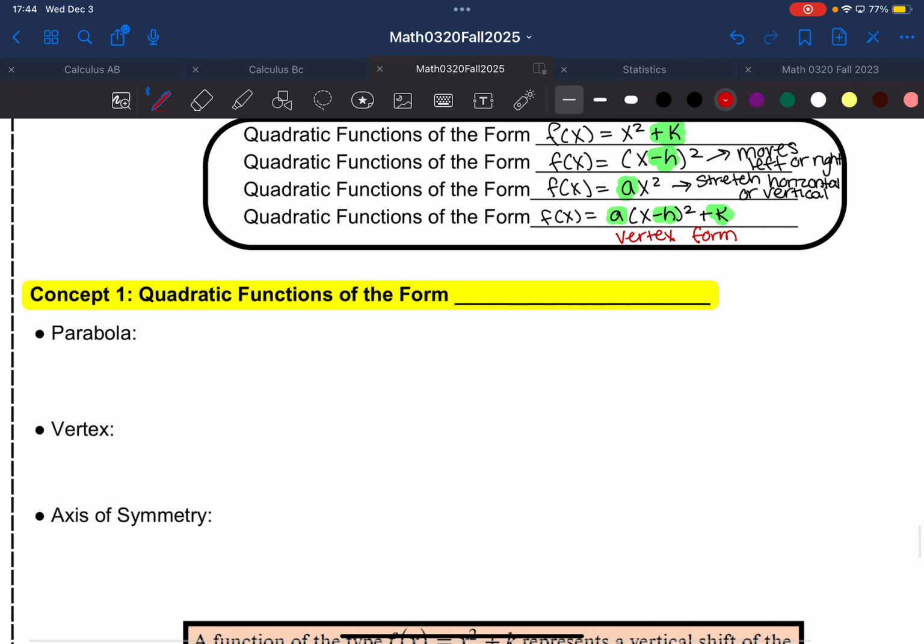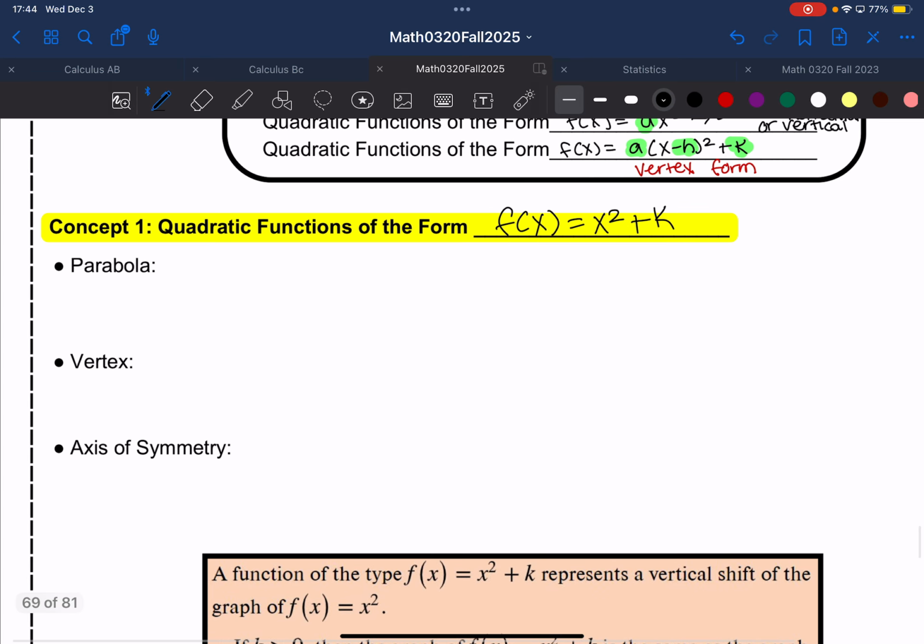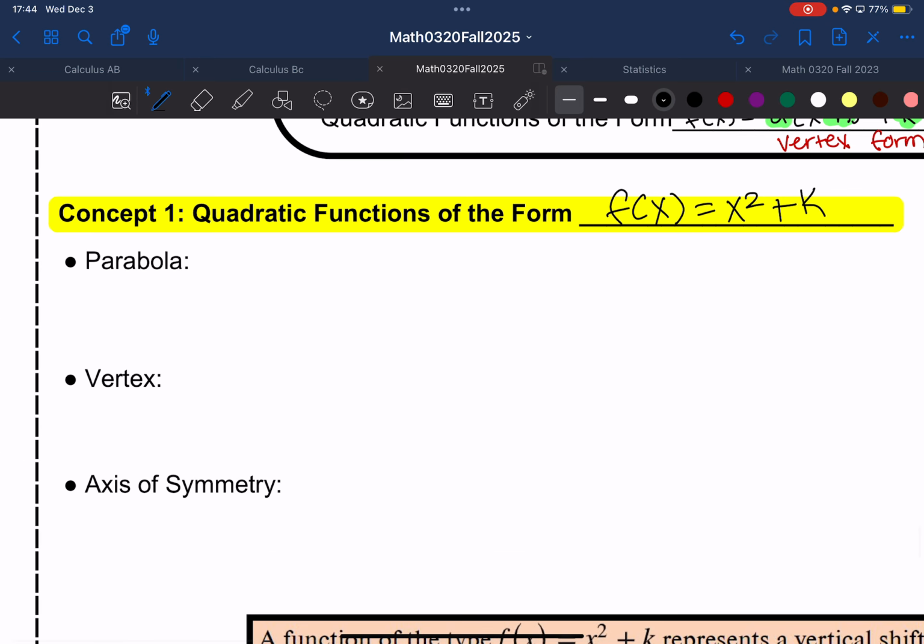So the first one we're going to focus on is f of x is equal to x squared plus k. And we're going to define a couple keywords here. The first one is parabola. Parabola is another name for a quadratic graph.